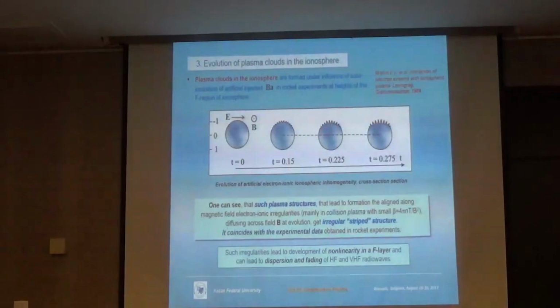It coincides with the experimental data obtained in rocket experiments. Such irregularities lead to development of nonlinearity in the F layer and can lead to dispersion and fading of high frequency and very high frequency radio signals.